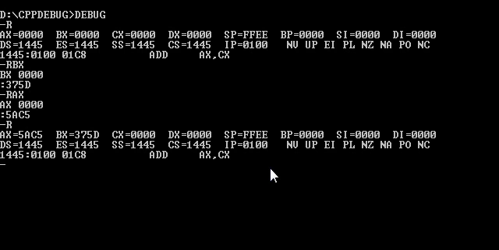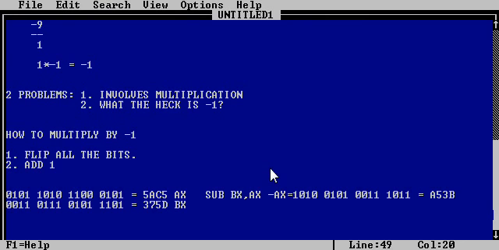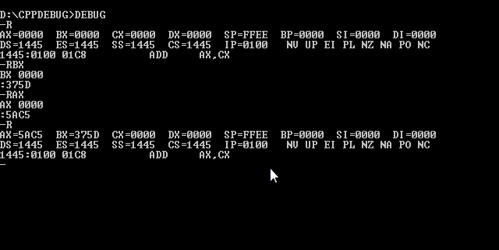Right? Okay. And what we want to do is subtract AX from BX. So we want to take this away from this. But instead of doing it that way, what I'm going to do is add the negative of AX to BX. And that should give the same answer.